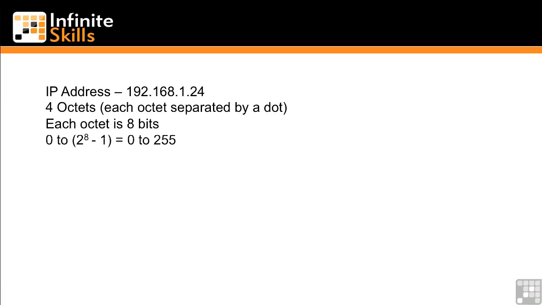Because of that, we can have values from 0 to 255 in each place there. So the 192 place, the first octet that you see, that number can be a value from 0 to 255, because that's what you can represent with 8 bits.